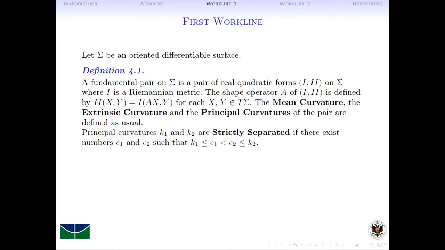The shape operator, which we denote by A, is defined in the usual way, and the mean curvature, the extrinsic curvature, and the principal curvatures of the fundamental pair are defined as usual. The mean curvature is the half sum of the principal curvatures.